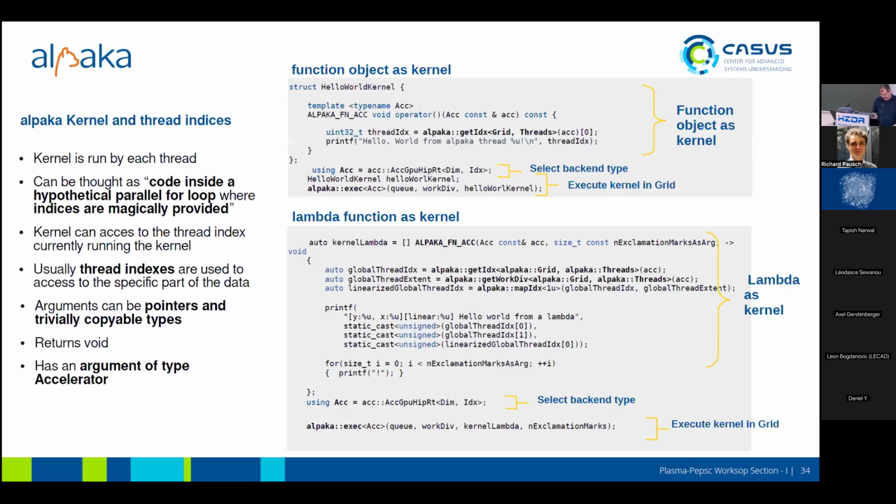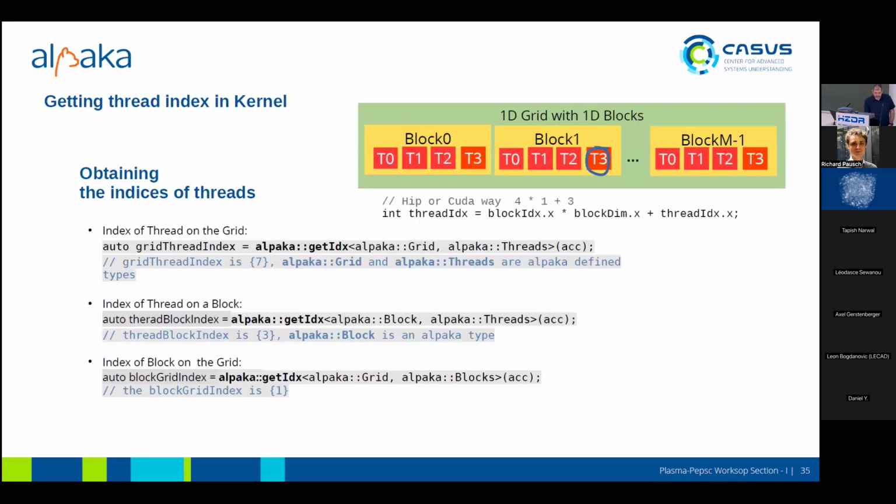Now I would like to go over getting the index in the kernel. Obtaining the indices of threads or blocks is easy in an alpaka kernel thanks to the use of function templates. Using the getIDX function with different predetermined alpaka specific templates is enough to get the thread index in the grid or in the block, or the index of the block in the grid.